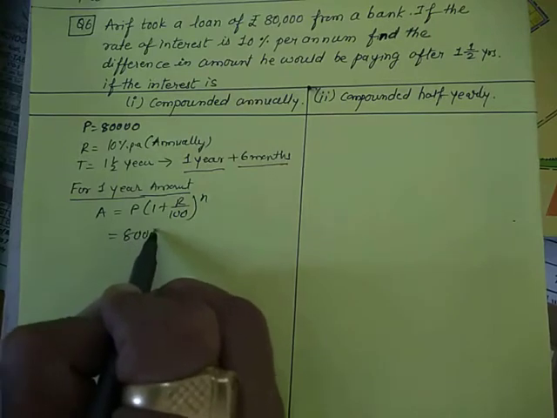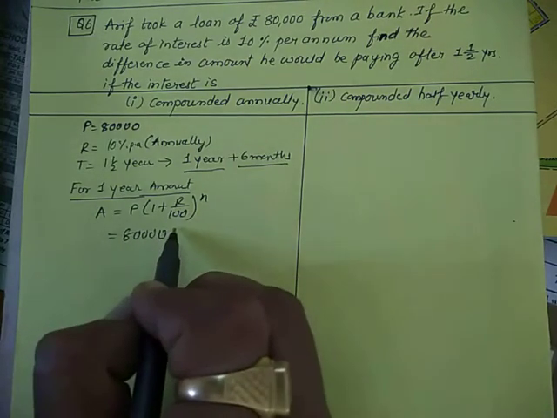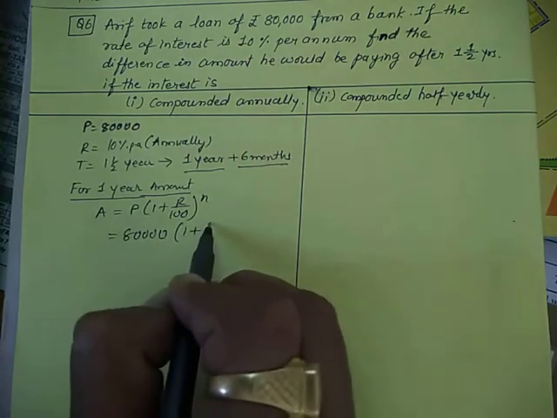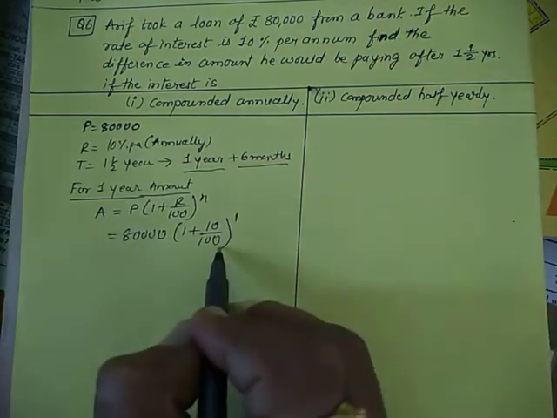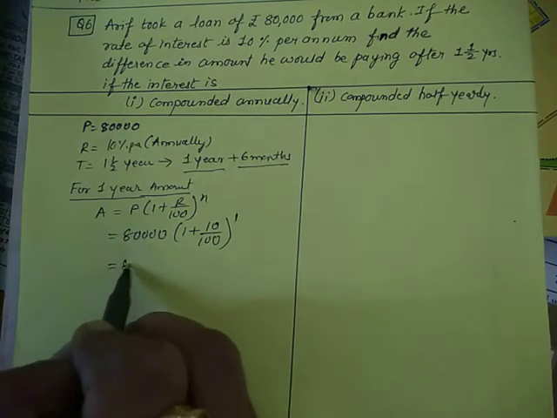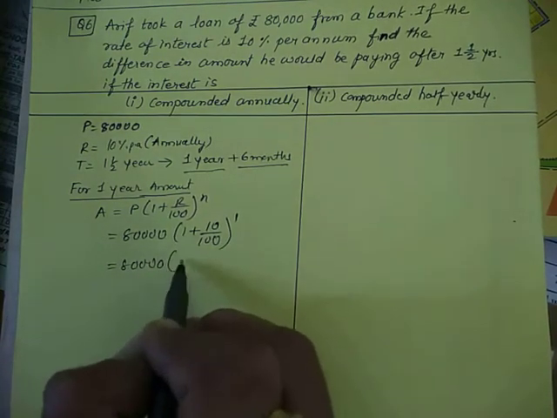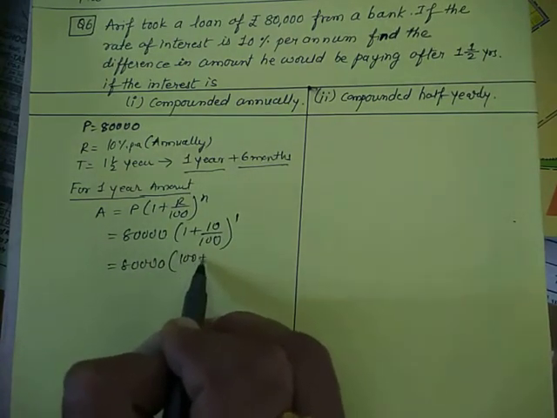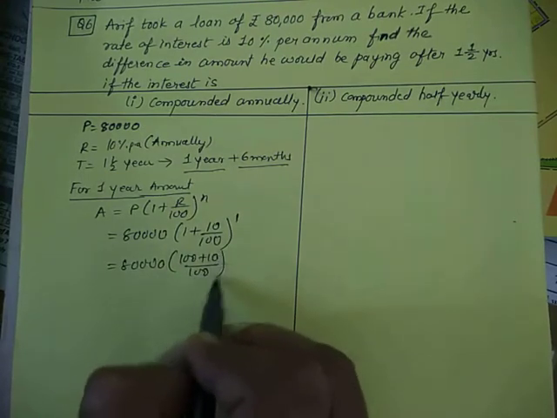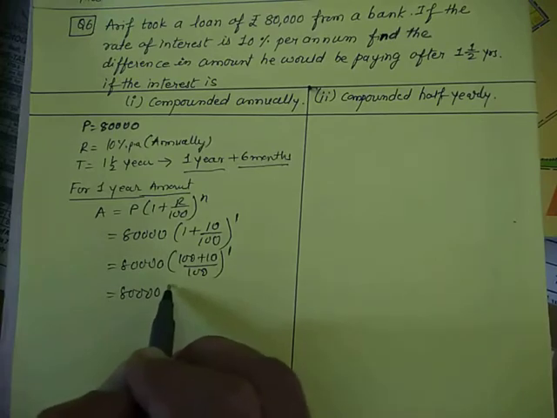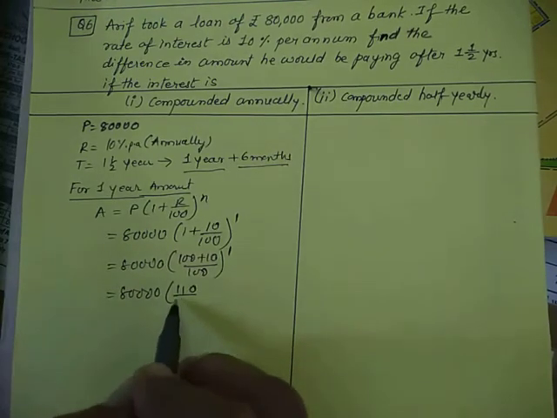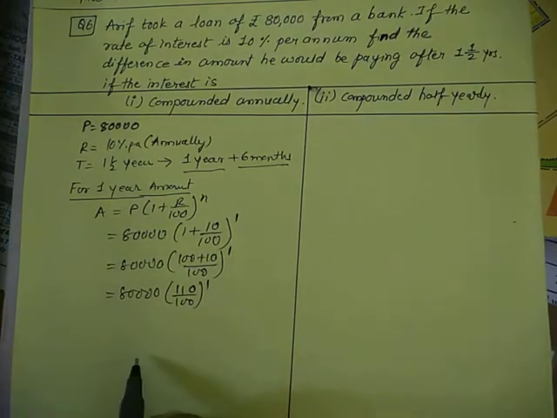So 80,000 is the principal amount, 1 plus rate is 10%, and for 1 year, so I will write n. So again 80,000, it will become 100 plus 10 upon 100 as LCM. So it will be 80,000 into 110 upon 100 raised to 1.